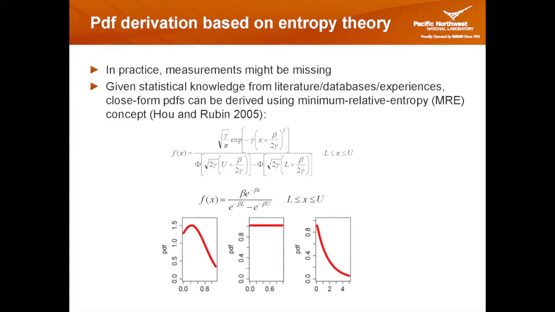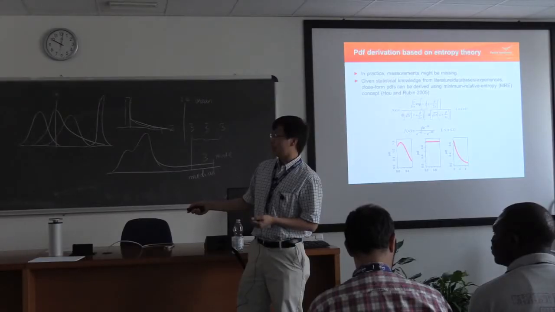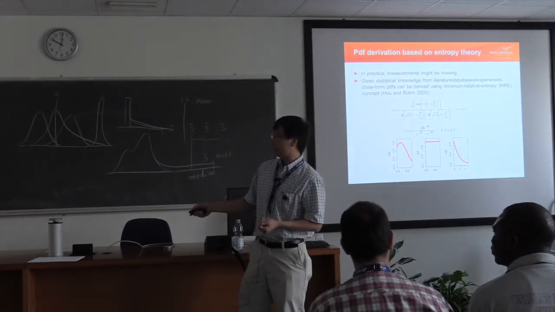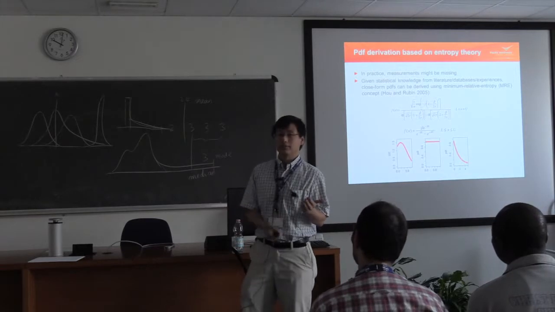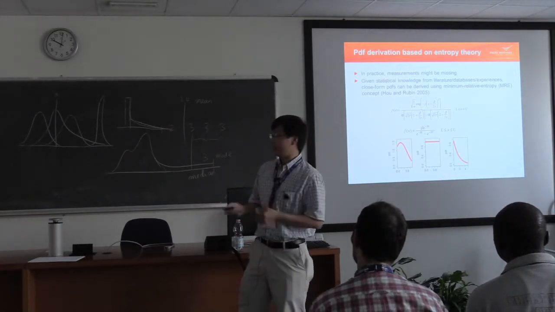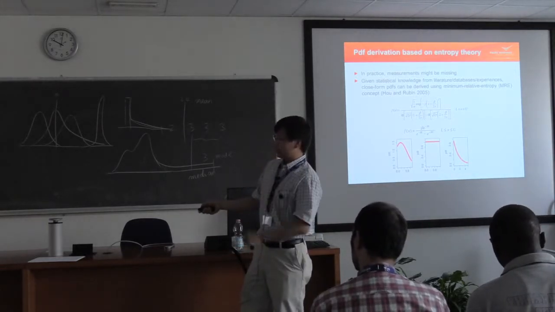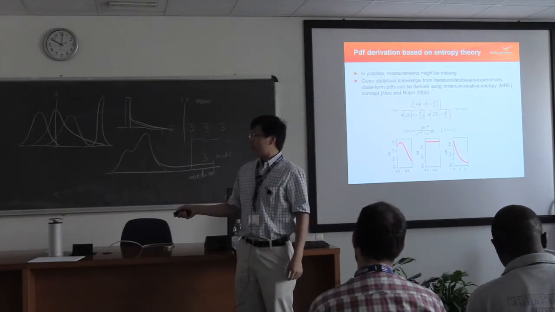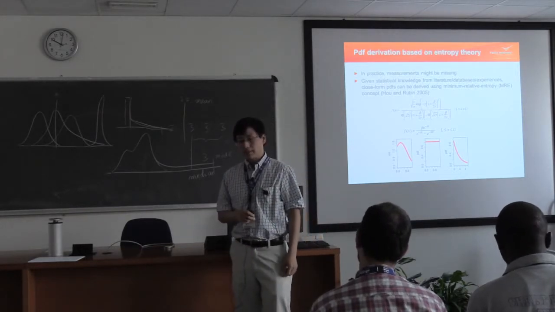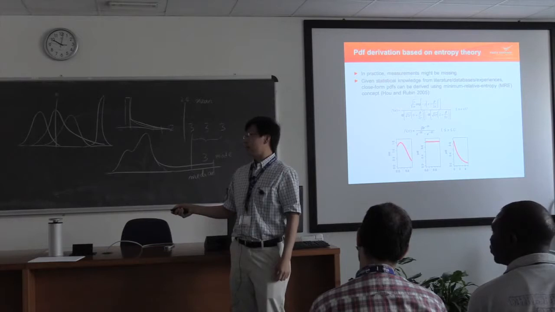I just want to let you know that we have the flexibility of obtaining any shape of distribution, a normal curve but truncated, or a uniform form, of course truncated. It cannot go from negative infinity to infinity. Or a truncated exponential curve. So any shape of PDF can be derived given this formula.